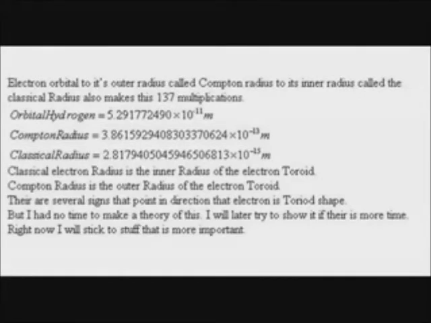If we divide orbital radius to Thornton radius to classical radius, we also get 137 each time. It also showed that electron is a toroid particle. I will maybe later make some video, when I get some time.